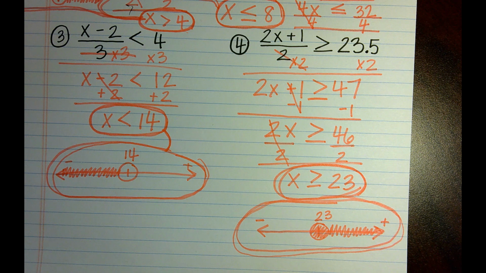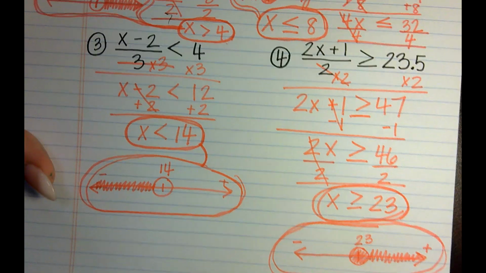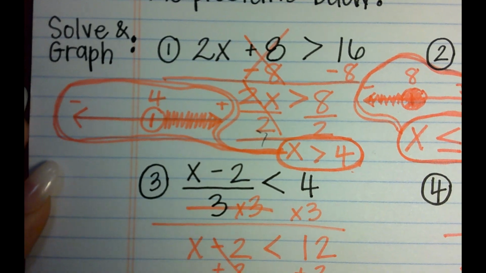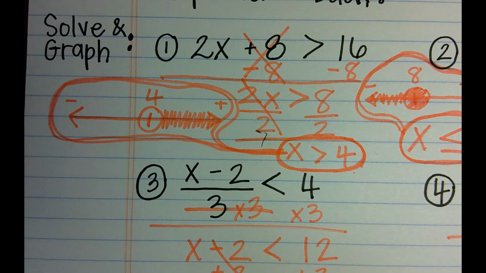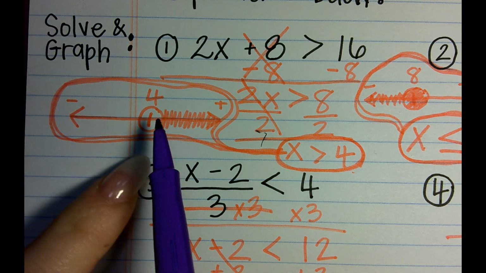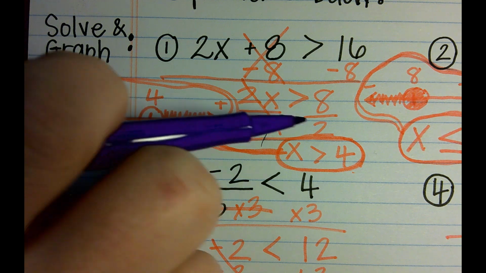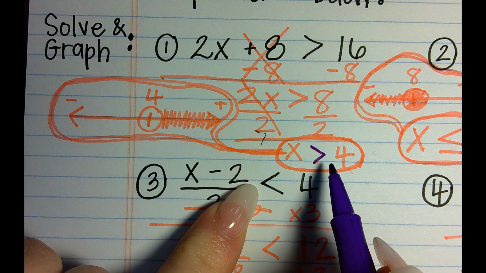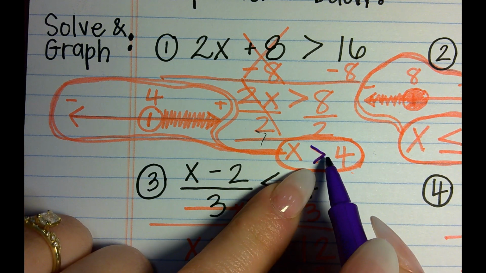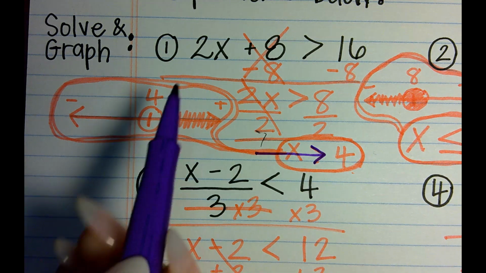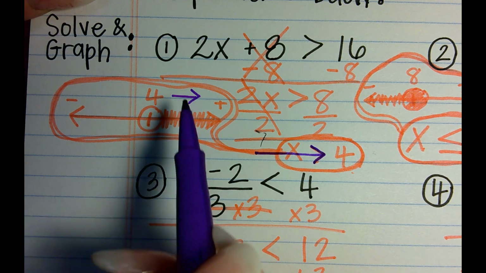That's something that's a little bit tricky, but I'm going to show us that little trick one more time. Something that we can do to help us decide which direction to shade is to look at the symbol. So, for example, on number 1, I shaded to the right because my symbol is greater than, which is pointing to the right, so we shade to the right.